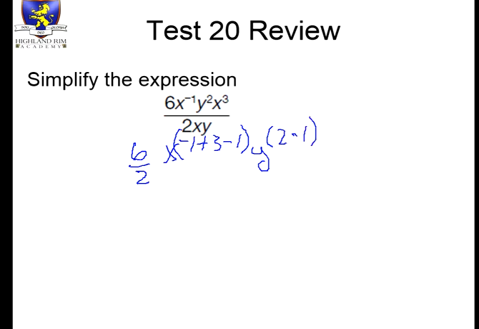So what we end up here is that 6/2 becomes 3. X to the negative 1 plus 3 minus 1 becomes 3x to the first times y to the first, and that's your answer. 3xy.